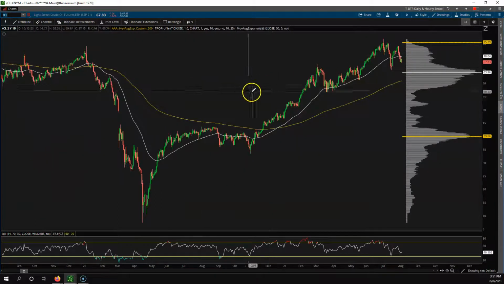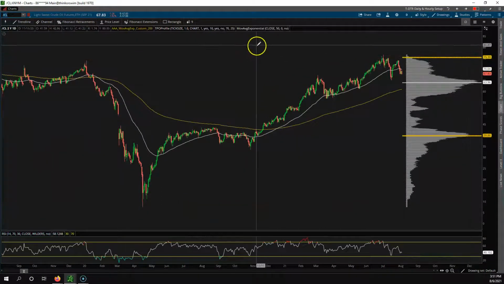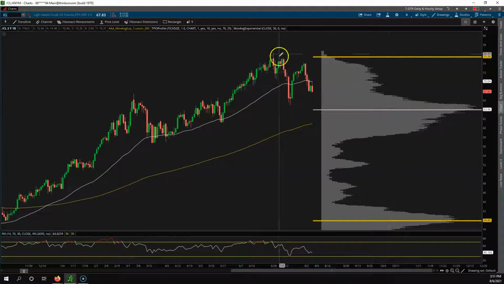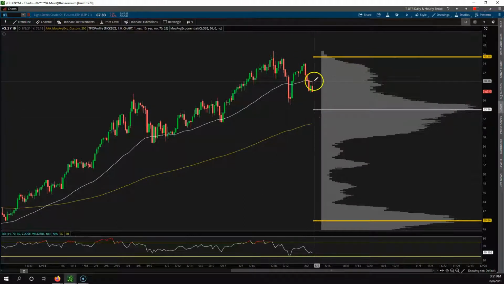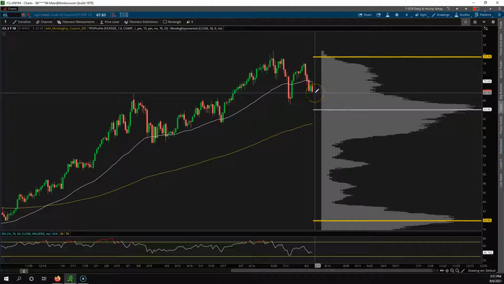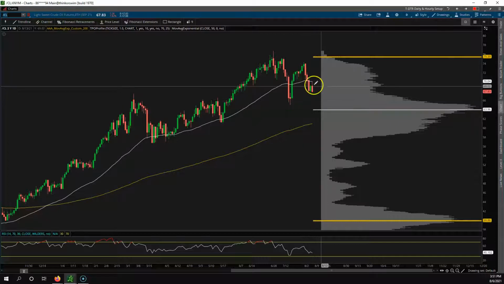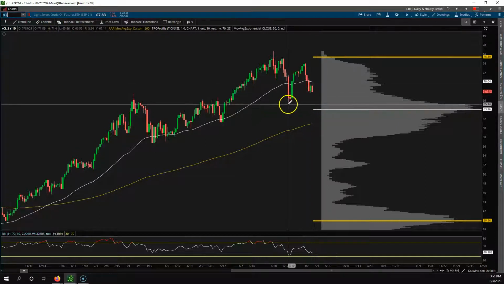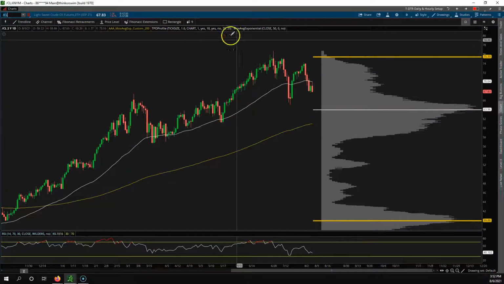Crude oil is kind of bouncing all over the place. We right now are making a high, a low, a lower high, lower low, lower high, potential lower low, having trouble around the 50, failed from there. So if we break below the 67.50 level, potentially retest this 64, 65 level, and then maybe eventually work down.